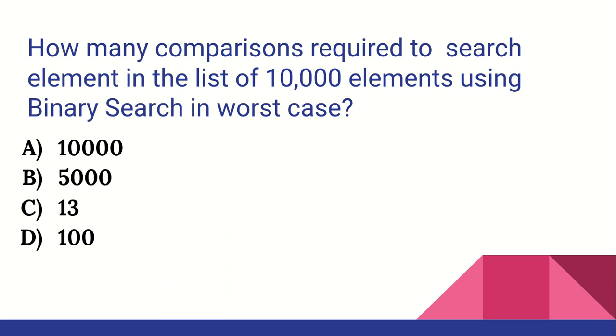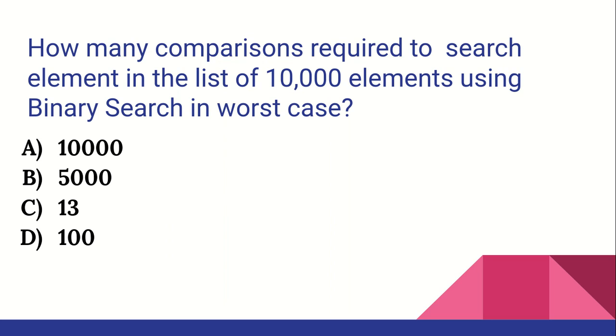Okay, so here 10,000. 2 raised to 10 is 1024. 2 raised to 11 is approximately 2000. Then 2 raised to 12 is 4000, 2 raised to 13 is 8000, and 2 raised to 14 is 16,000.